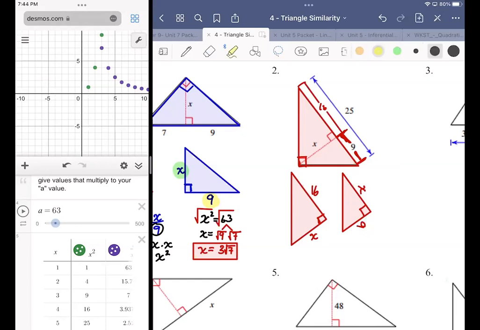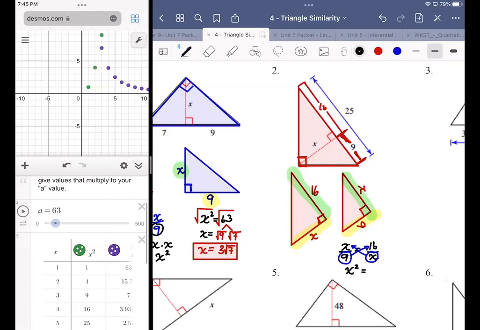Right, but I have a proportion that would be X over 9 is equal to 16 over X. Right, and so same trick, take the bottoms and multiply them by the tops. You're going to get X times X, which is X squared, equals 9 times 16. 151?